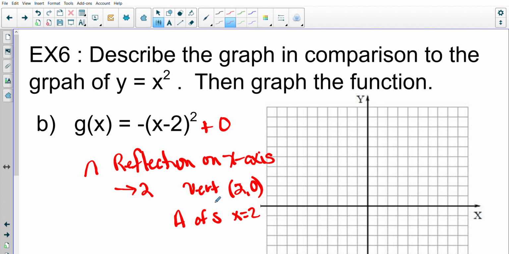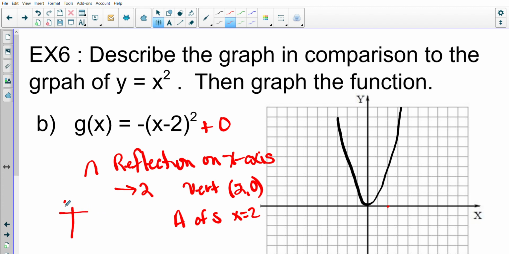Now the axis of symmetry I can use to graph this thing. So I know it's going to open upside down. So remember our x squared graph looks something like this. So the other graph is also going to be similar, but it's going to open upside down and it's going to shift. So we're going to shift it to the right 2 and we're going to open it upside down. So we can make a chart.